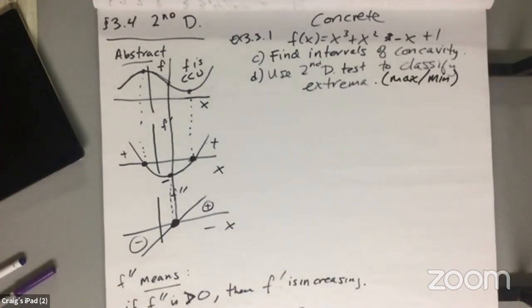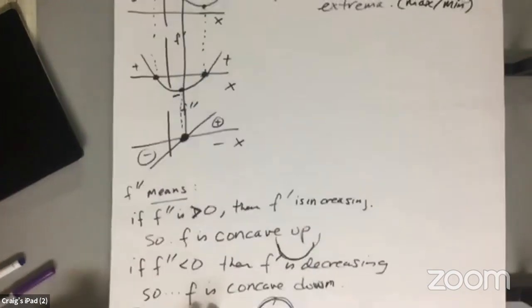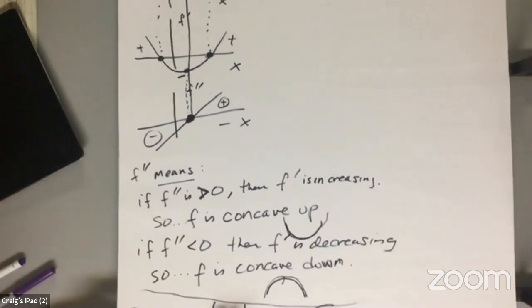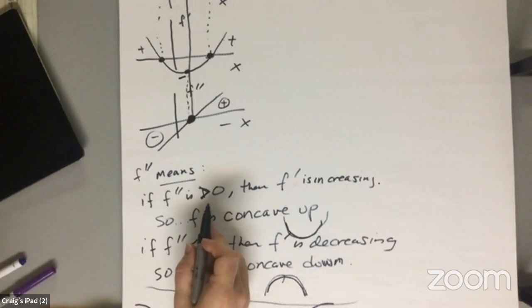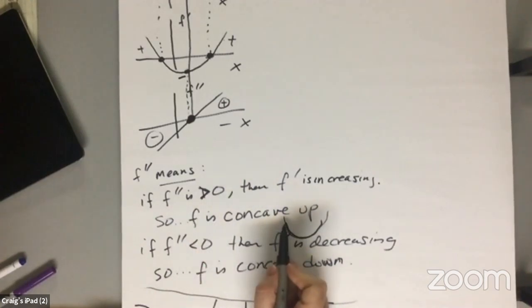So before we do this whole problem, I should talk a little bit about the second derivative test. The second derivative tells us whether it's a max or a min. The second derivative being positive means it's concave up.